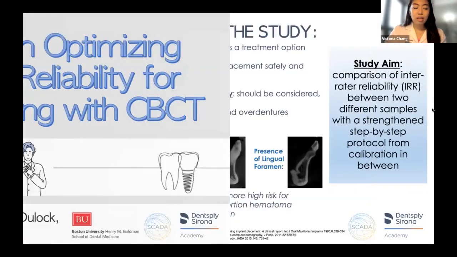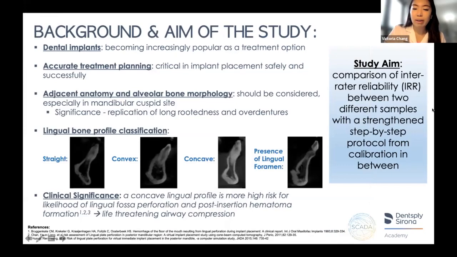So to introduce some of the background and to share our aim, as we all know, dental implants are becoming increasingly popular as a treatment option for both providers and patients. Accurate treatment planning is really critical preoperatively, especially for the safety and success of implant placement.